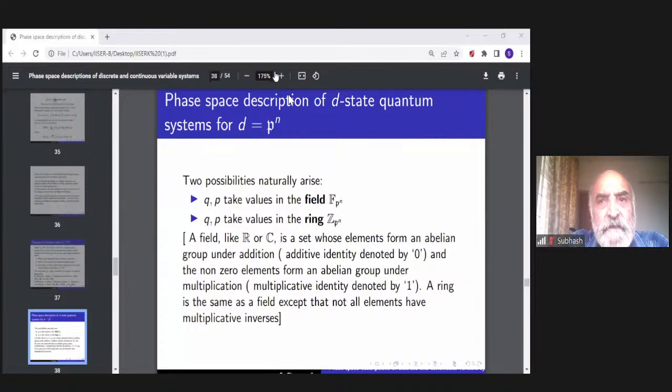The answer is, the phase space associated with a finite dimensional system would necessarily be labeled by phase space points Q's and P's, which take discrete values.